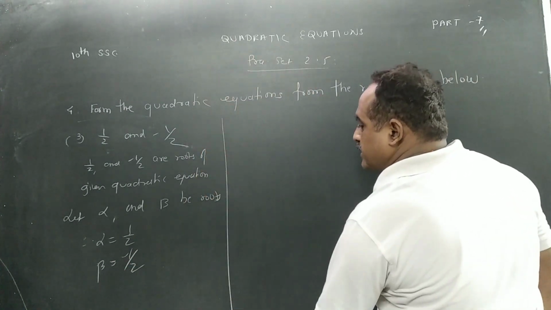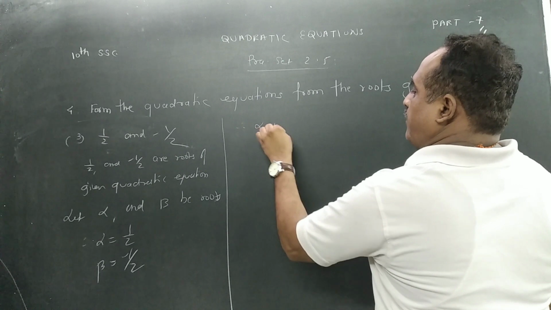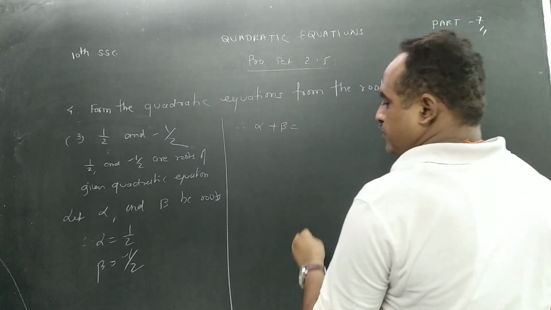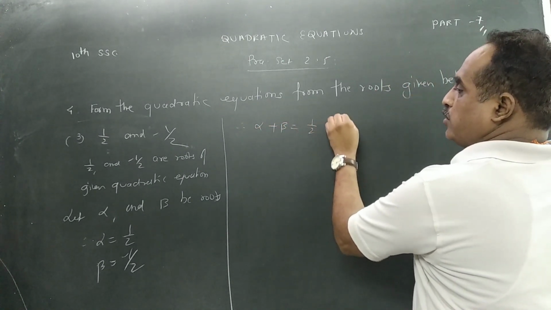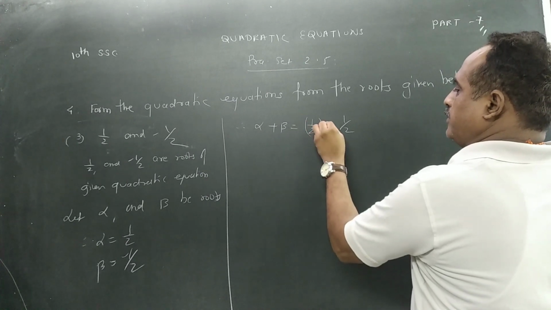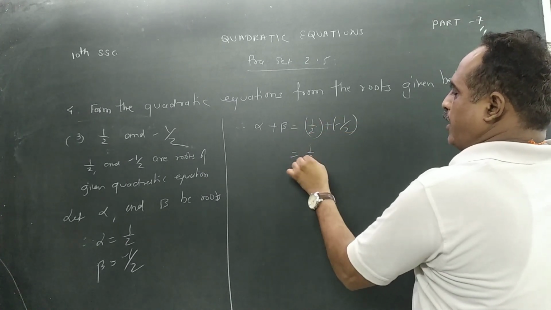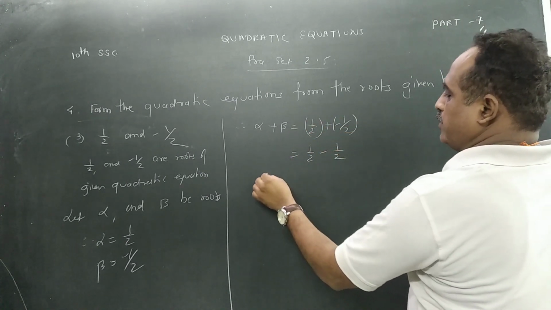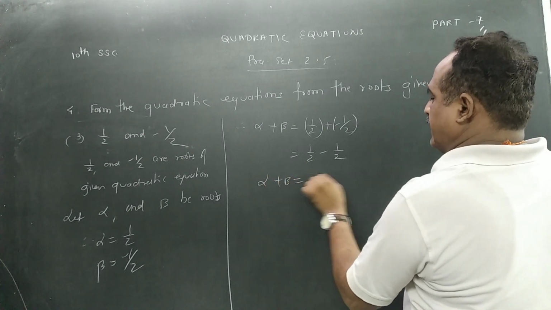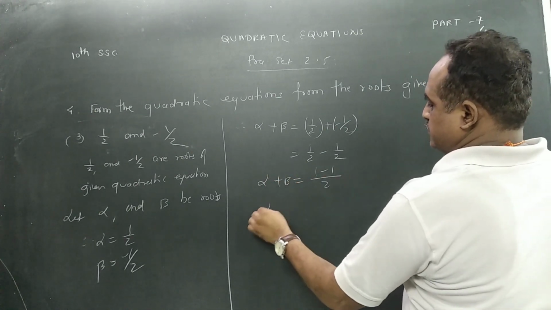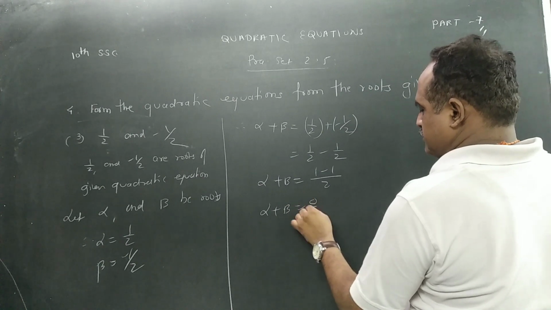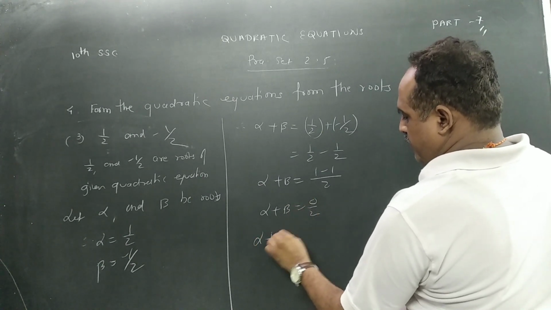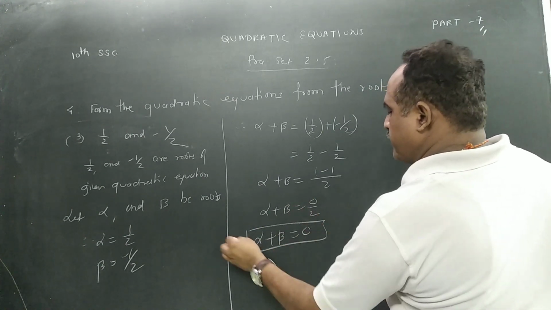What are you going to find out first? Therefore, alpha plus beta is equal to 1 upon 2 minus 1 upon 2. That is 1 upon 2 minus 1 upon 2, so alpha plus beta is equal to 1 minus 1 upon 2, so alpha plus beta is equal to 0 upon 2. Alpha plus beta is equal to 0.